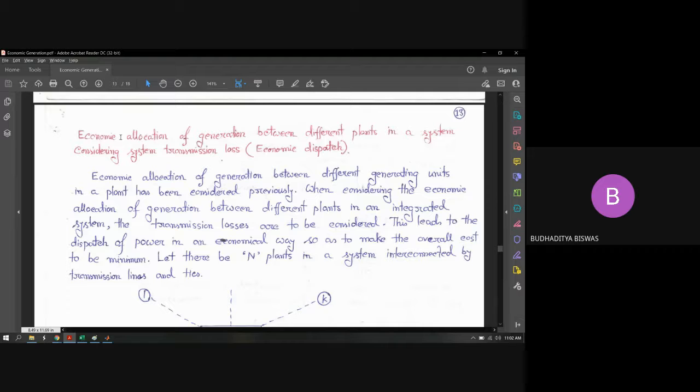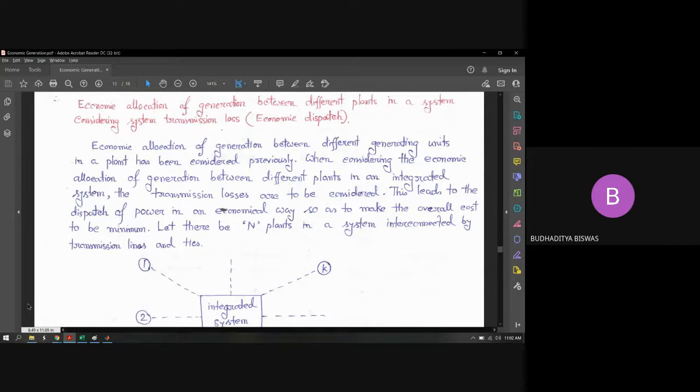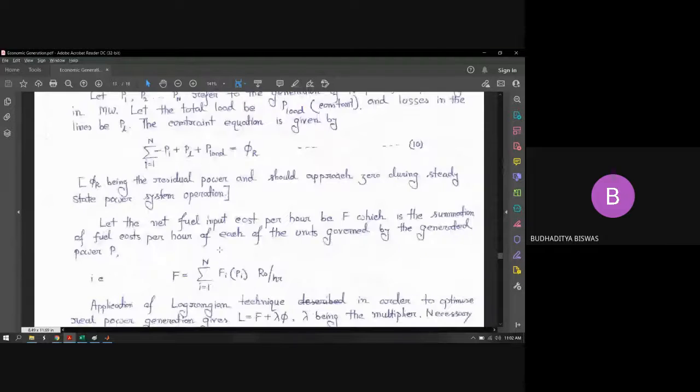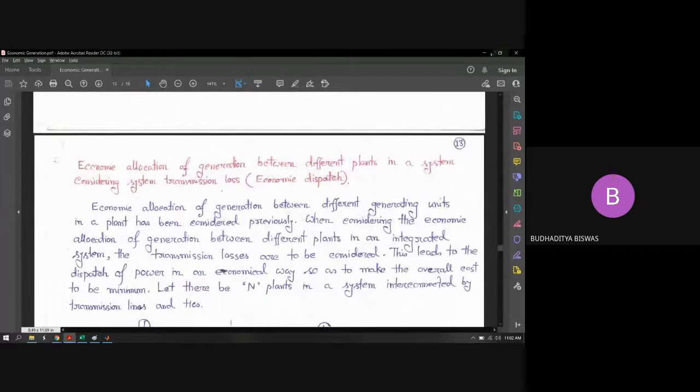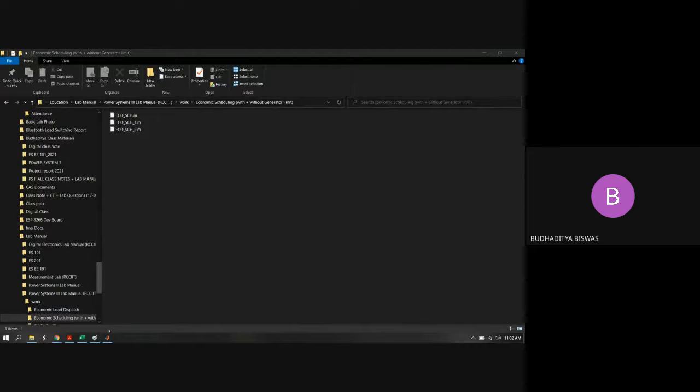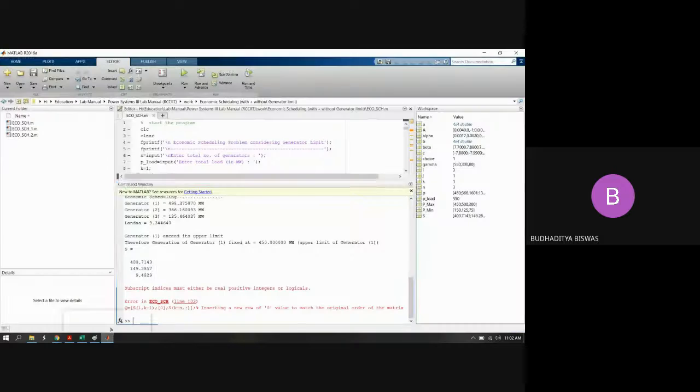Now this economically generated power needs to be transferred to the load center economically. Okay. Before I start, this is the theoretical part, not very complicated, but easy. So before I start, let's discuss what the meaning of economic load dispatch actually is.